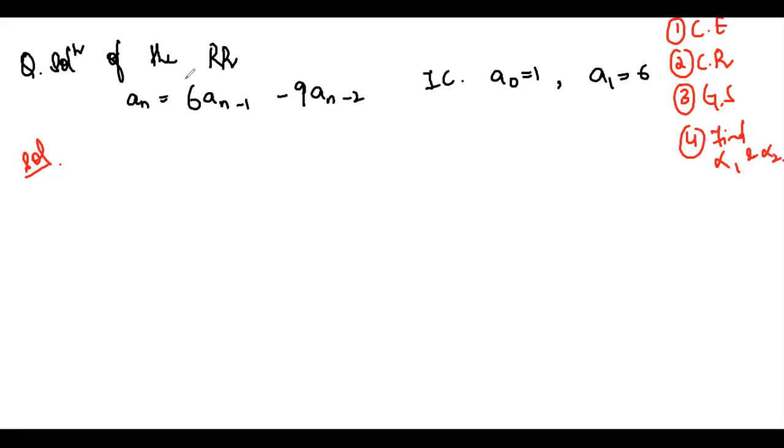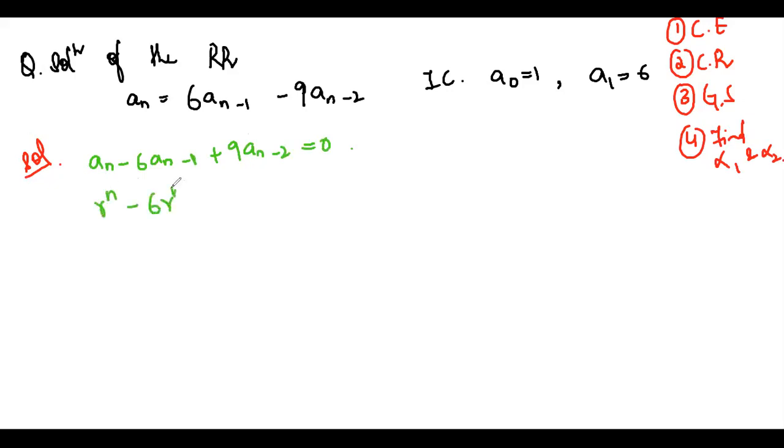Now based on that, the solution is as follows. So an, first let's take all the terms on the left hand side. So an minus 6an minus 1 plus 9an minus 2 is equal to 0. Now replace an with r power n.